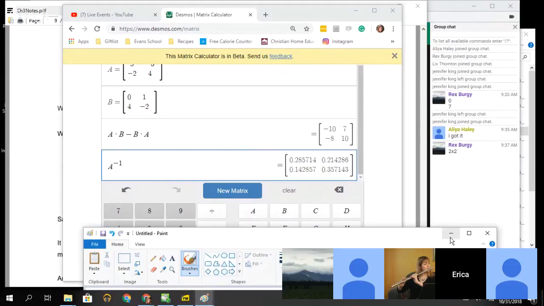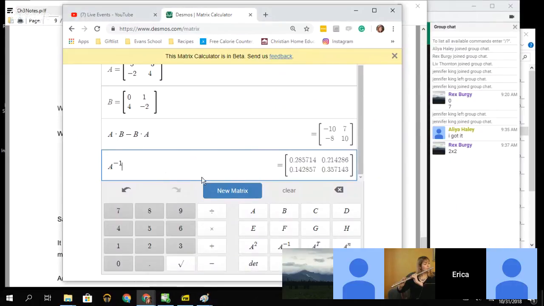All right. So the whole idea of this matrix is that if I actually take my original matrix and I multiply it by the inverse, I get something called the identity matrix. So basically, when you multiply a matrix by its inverse, you end up with the number 1.